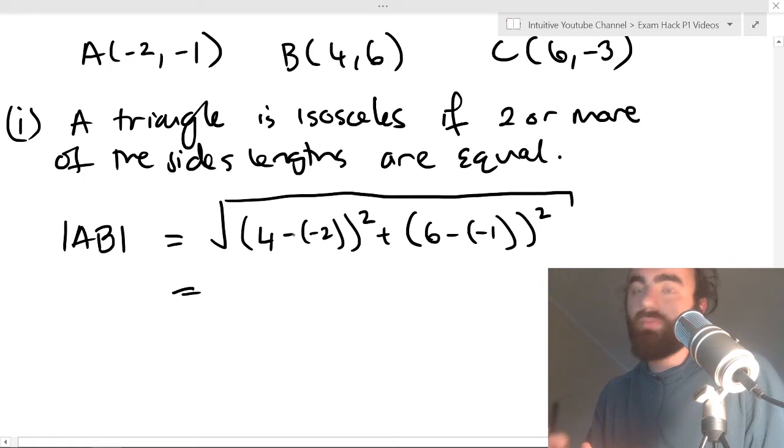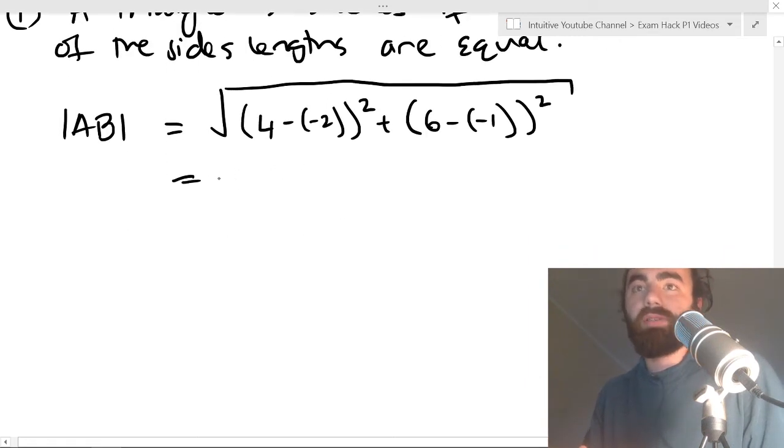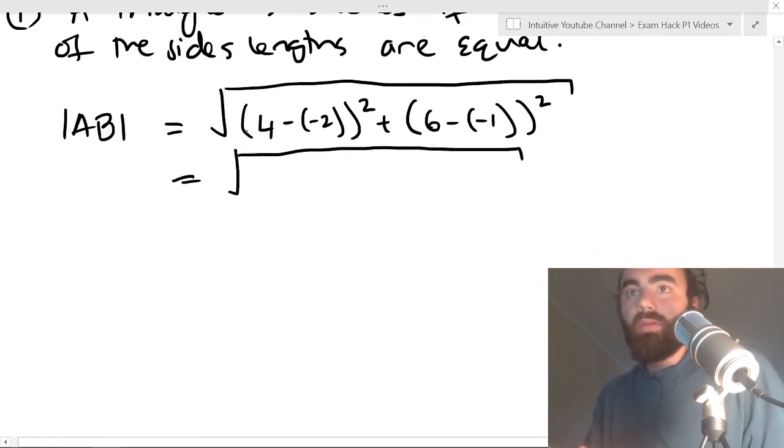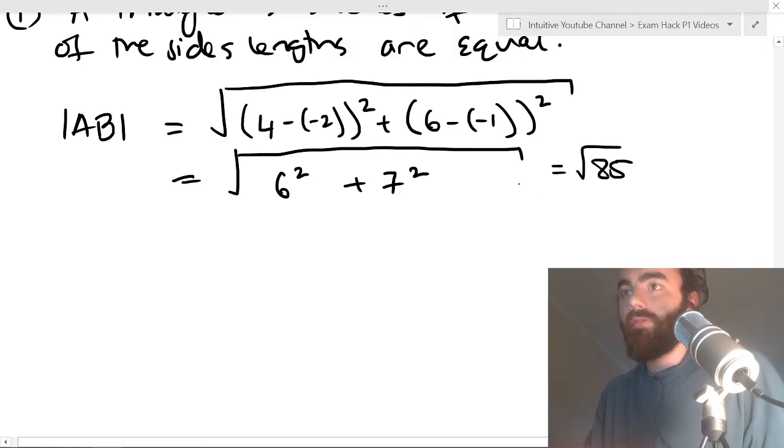And there's no shame in just writing this out so you don't make a stupid mistake. This is equal to 4 minus -2 is 6 squared, and 6 minus -1 is 7 squared. So that's 36 plus 49, which is the square root of 85.